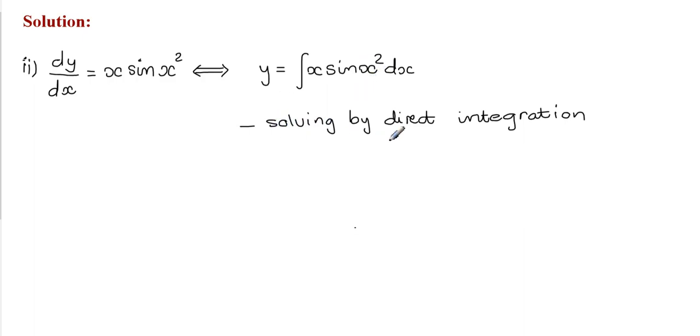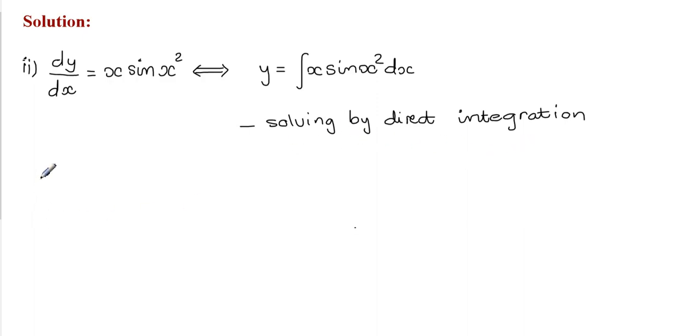When we use this method we've been using from the first example, we call this solving the differential equation by direct integration. What we do is simply convert the differential equation into its equivalent integral form, then integrate. We call that direct integration.